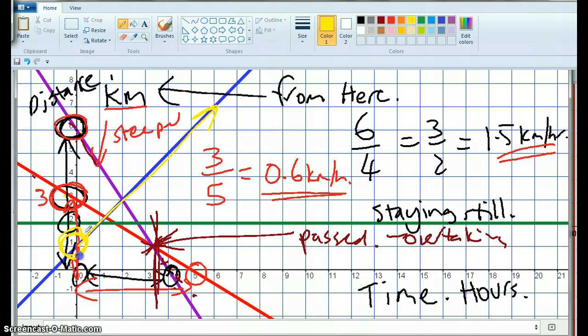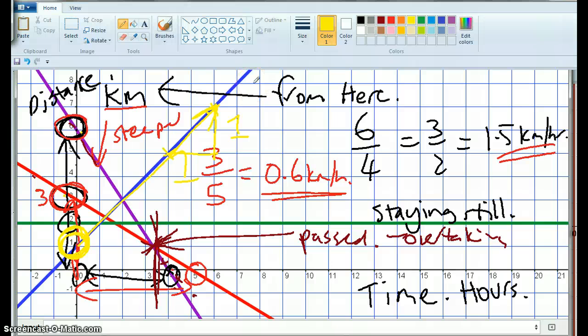This person at time 0 was where? 1 kilometre away from the classroom. And what are they doing? Going further and further away. Thank you. And at what speed are they going? If I get those 2 points, for every 1 hour, they're going 1 kilometre. Okay, so they're actually going 1 kilometre per hour.